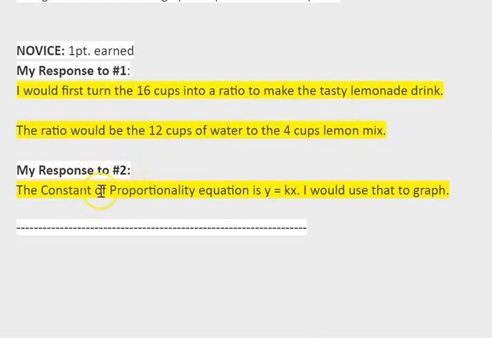The constant of proportionality equation is y equals kx. I would use that to graph. They never place the letter k, or the variable k, here with the digit 3. They basically don't really know. So you say something like, here's the equation, I use it to graph. Not going to work. So you can see why the student would earn, I think, a novice in this situation.